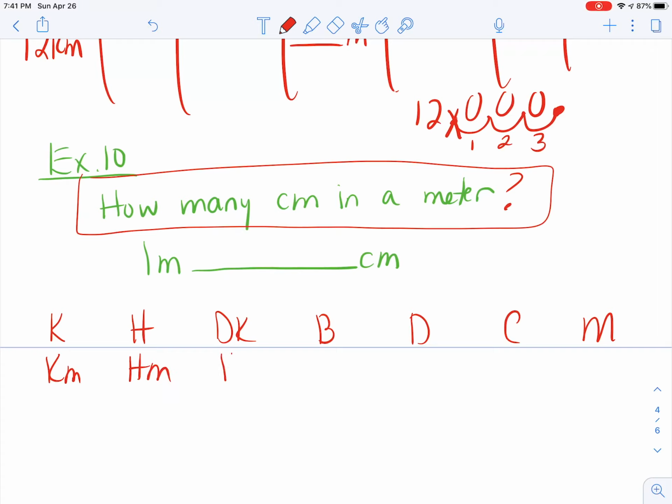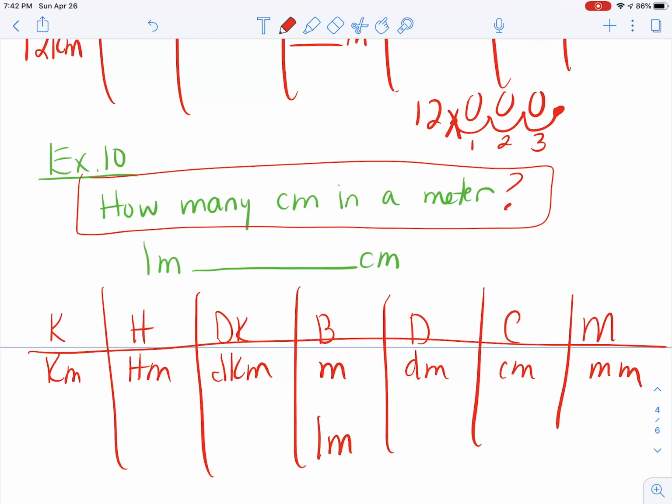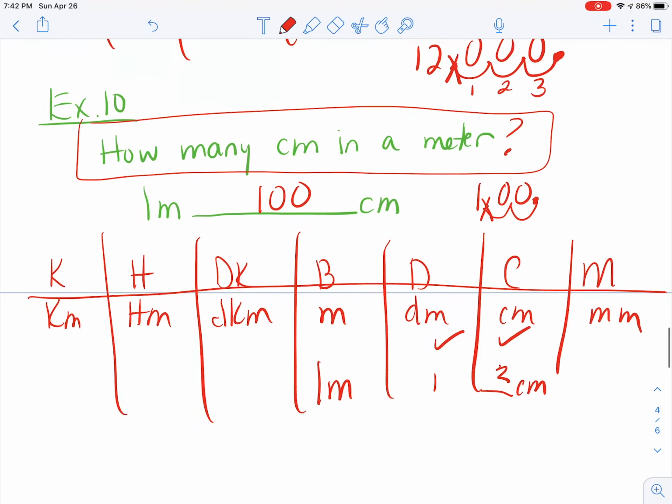Kilometer, hectometer, decameter, meter, decimeter, centimeter, millimeter. 1 meter, quickly set up my chart. 1 meter is how many centimeters? 2 places to the right. There's 1, 2. There's my decimal. 1, 2. Decimal's not here anymore. It's here. I fill in with 2 zeros.